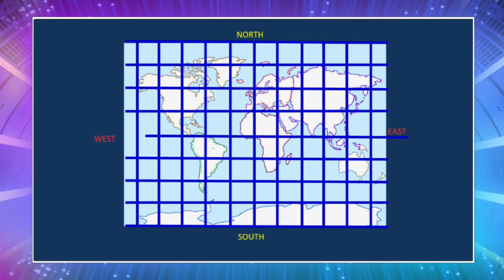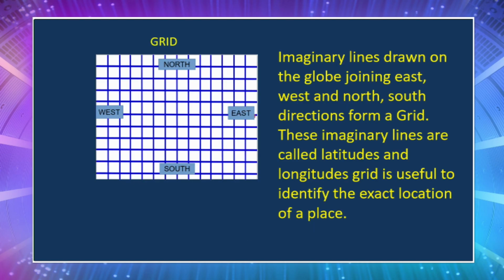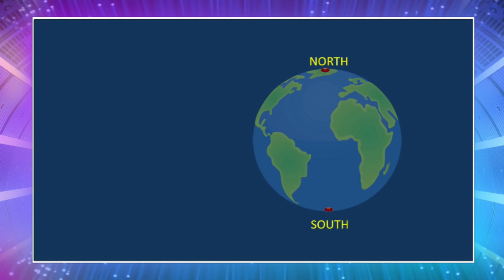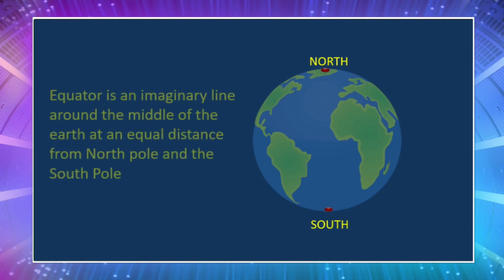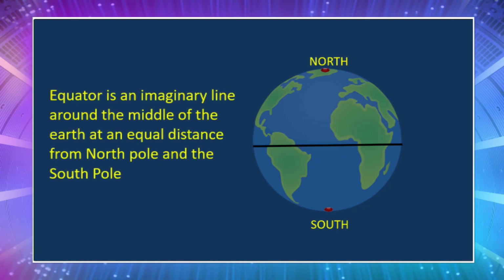Children, imagine if there are no lines or directions on this image, can you locate where exactly a place is situated? So, these lines or the network of the grid, these imaginary lines, the network of latitudes and longitudes on the globe help in locating the places. Children, observe this image. The northernmost point is called the North Pole, the southernmost point is called the South Pole, and the equator is an imaginary line around the middle of the earth at an equal distance from the North Pole and the South Pole.